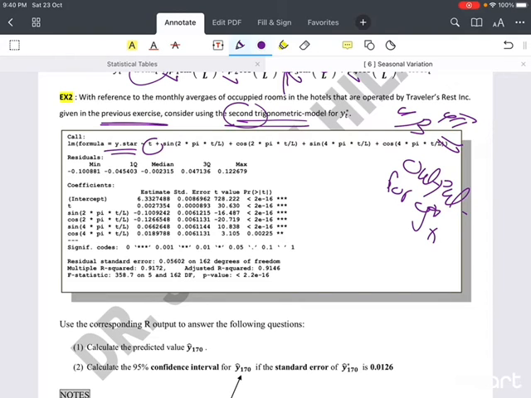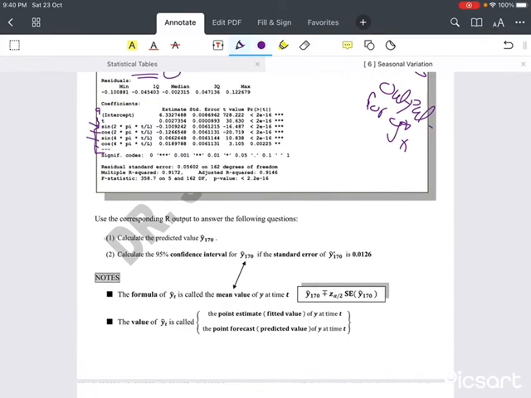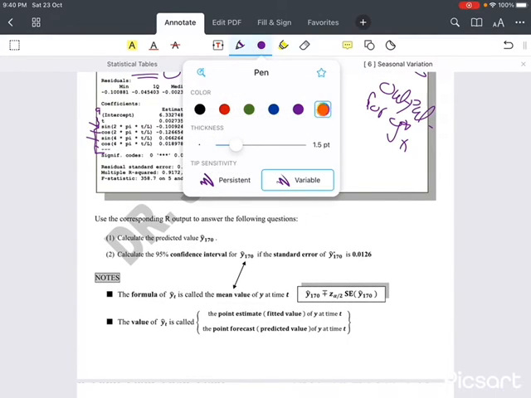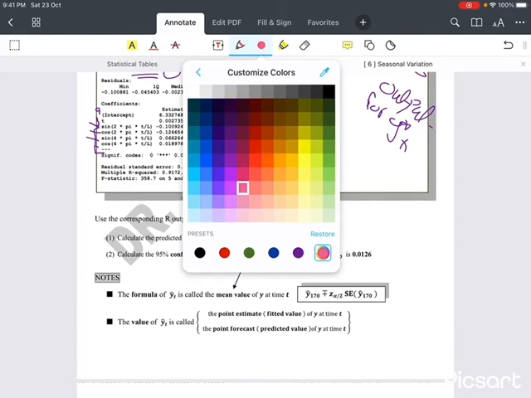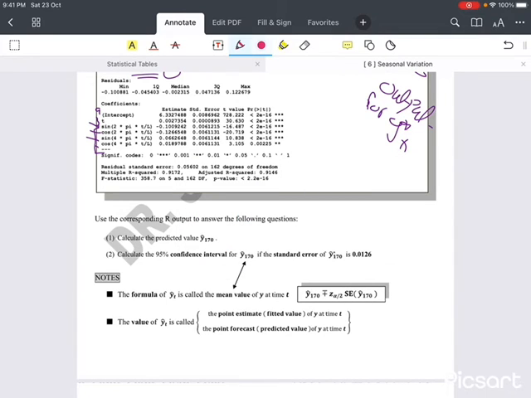Okay, so this is beta 1, beta 2, beta 3, beta 4, and this is A and this is B. Okay, and this is all the output. Then you go and read the exercises. Okay, use the corresponding output. So we will use the output to answer the following questions.